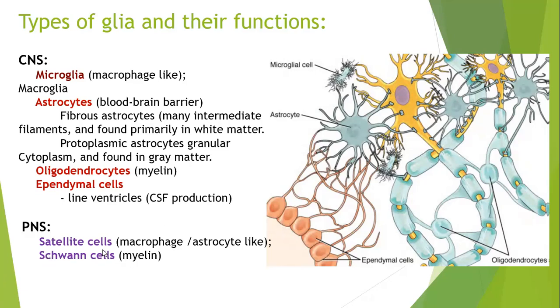They form the myelin sheath in the peripheral nervous system. And we are going to see their importance, especially when it comes to conduction of electrical impulses. For number one, they give the support to the axons, but number two, they also help in speeding up.